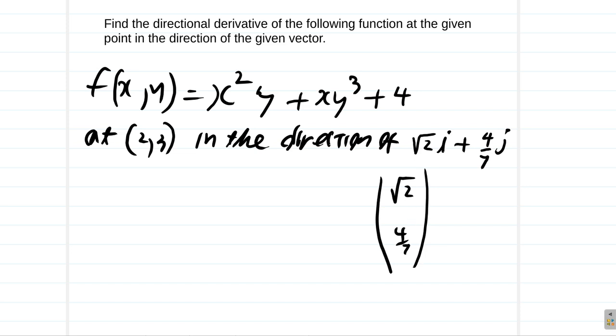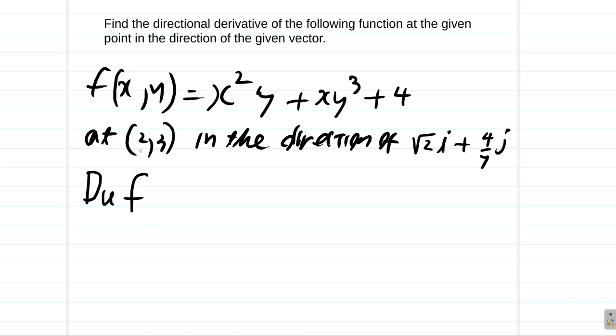Remember the different forms you can have your vector. Alright, so remember now, the directional derivative sometimes is written as D_u of f. f is the function and u is considered as the vector, right?